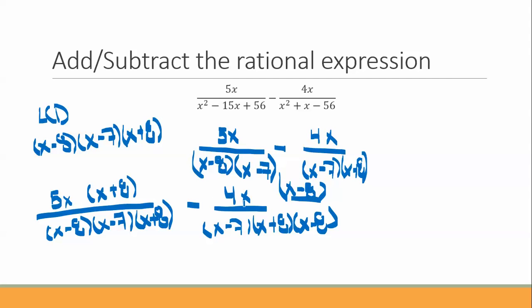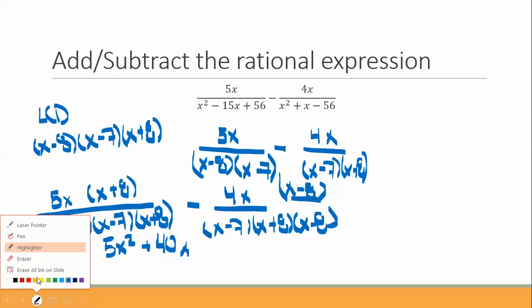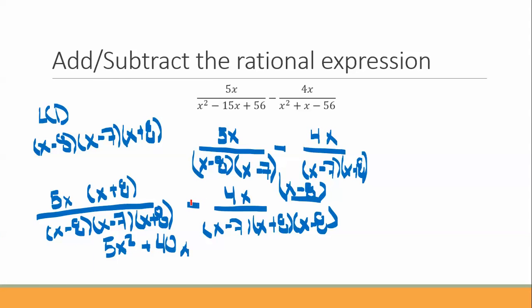Now we multiply out the numerators and combine like terms. So when we multiply this numerator out, we have 5x squared plus 40x. Remember we want to distribute this negative, so we're going to make it a plus and make that a minus.